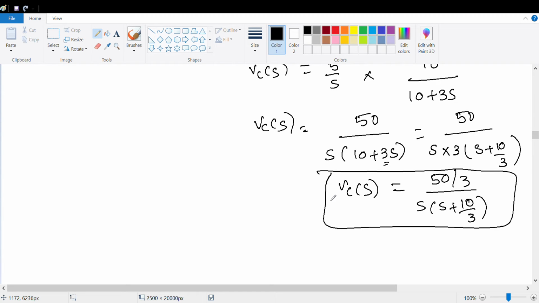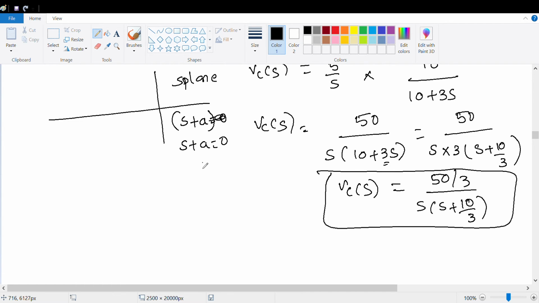And what they have asked is to find the expression for the voltage across the capacitor after the switch closes at t equal to 0, and to find the time constant, rise time, and settling time. So this is the S plane. Suppose in the denominator it is s plus a, so s plus a equal to 0 gives s equal to minus a.